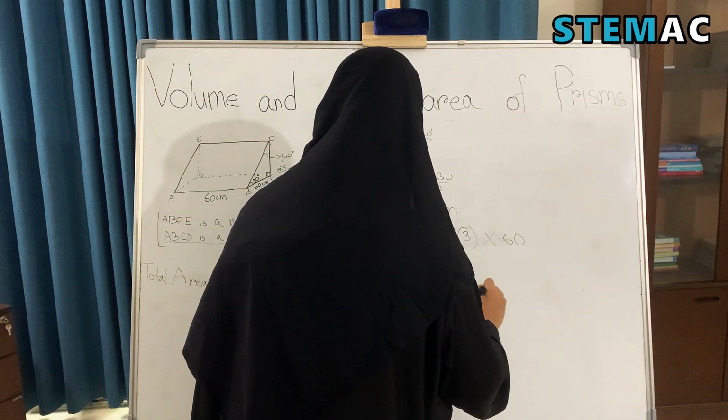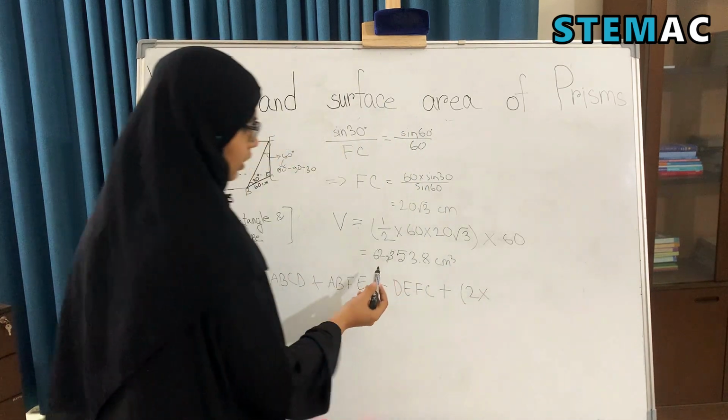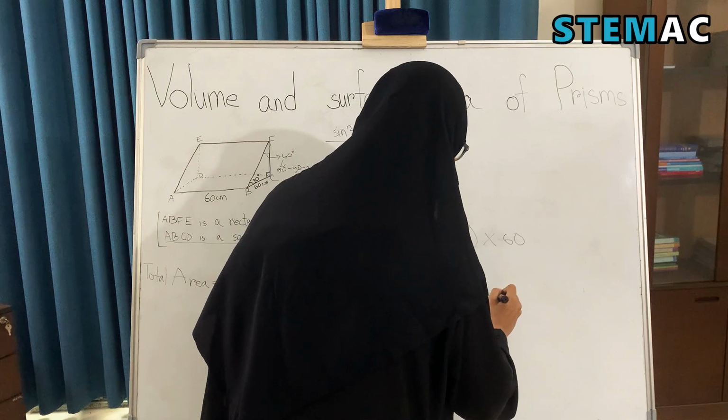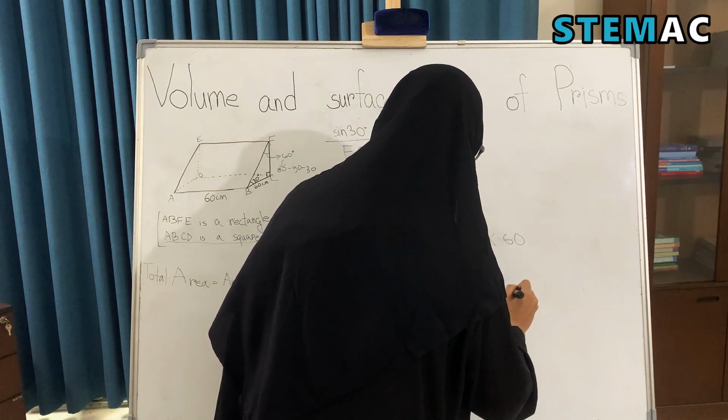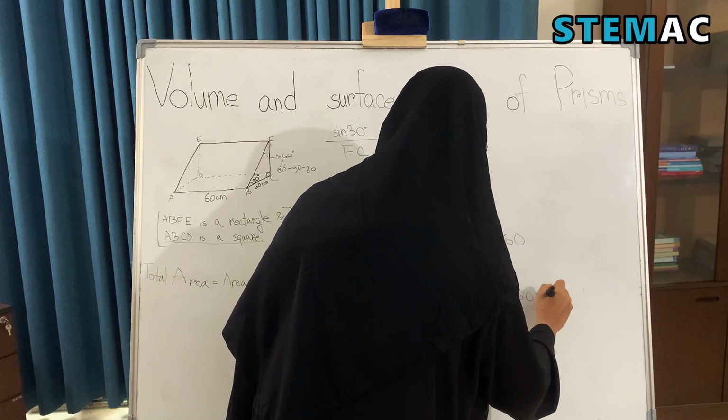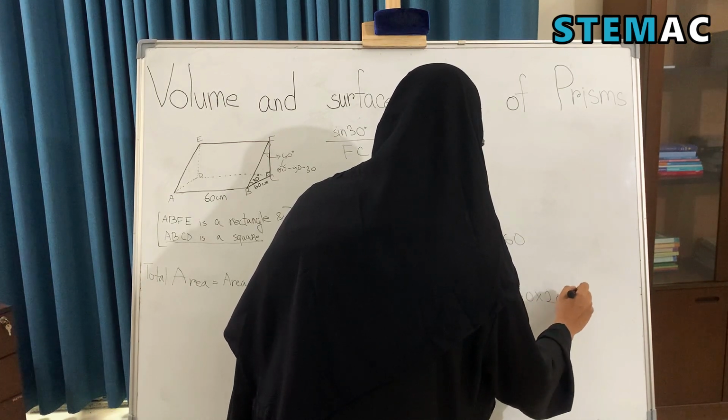That gives us 2 into the area we wrote here, 2 into half into 60 into 20 root 3.